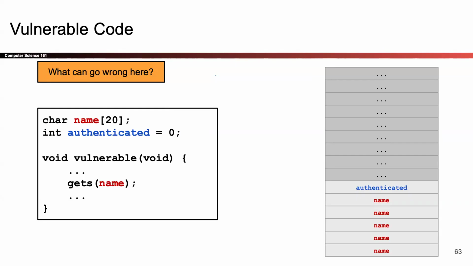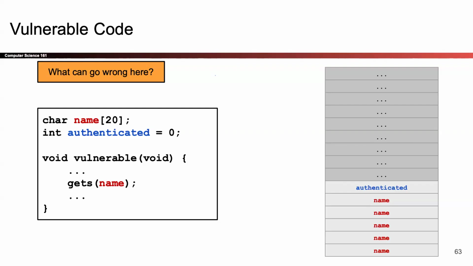If I provide a name, David Wagner, then some spaces, with the right number of spaces, and then something that will cause the value 1 to be written right after the end of the name array to overwrite the value of authenticated. Now the value of that global variable authenticated got changed to 1.